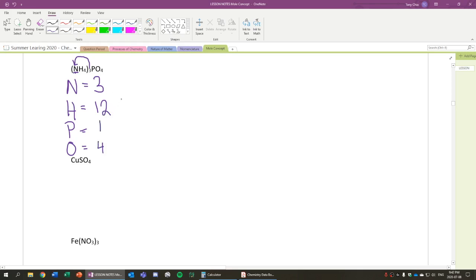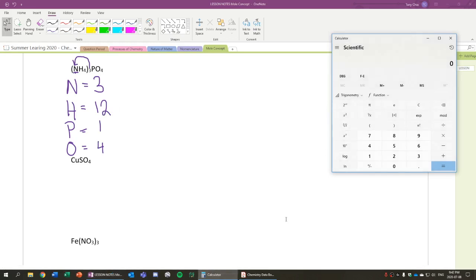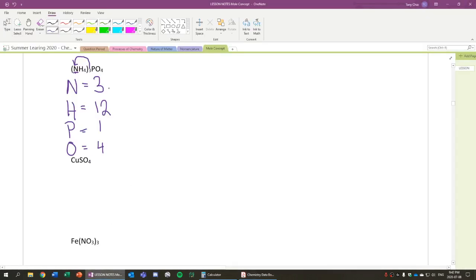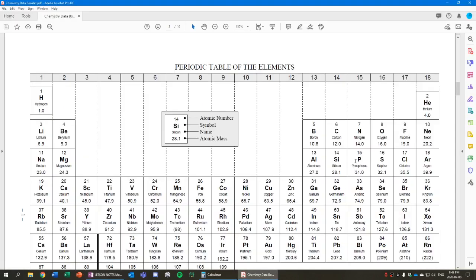Okay, now 1 nitrogen is 14. So the molar mass of nitrogen is 14, but we have 3 of them, so we multiply by 14 to get 42.0. Hydrogen, we did this before, is 1 gram per mole for 1 hydrogen, but we have 12 of them, so in total our mass there is 12.0. Phosphorus. Phosphorus molar mass is 31.